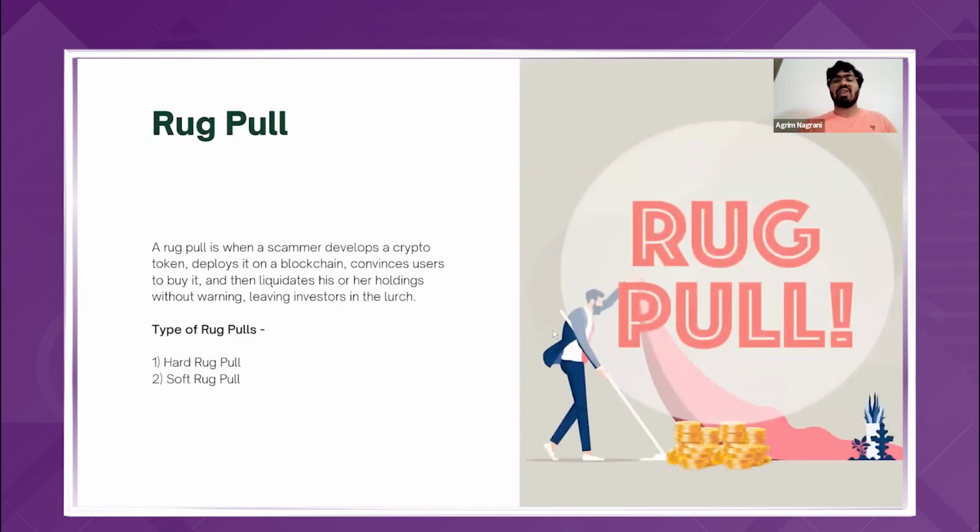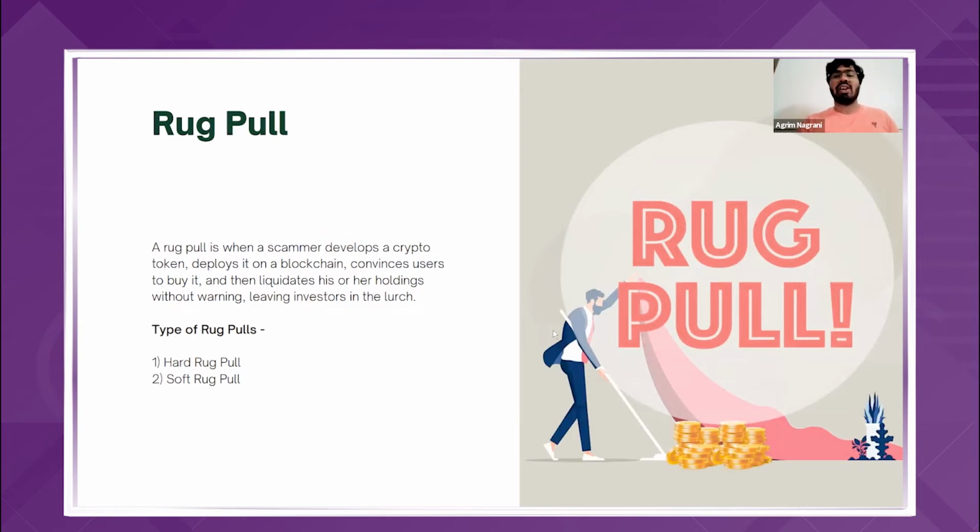Now, as we discussed, the rug pull scam. A rug pull is a scam where a scammer or a founder develops a crypto token, then deploys it over the blockchain, and through crypto media and marketing, convinces users to buy that token.